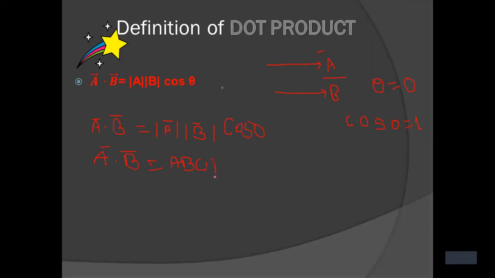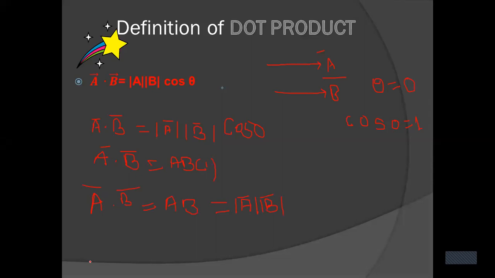So just multiply by 1 here. So we can write that A bar dot B bar is equal to only AB, or you can also write it as mod of A bar into mod of B bar.